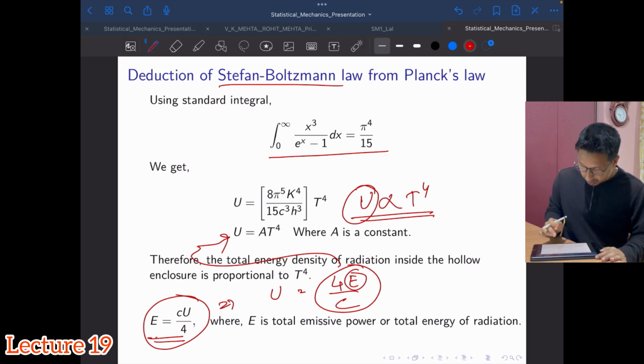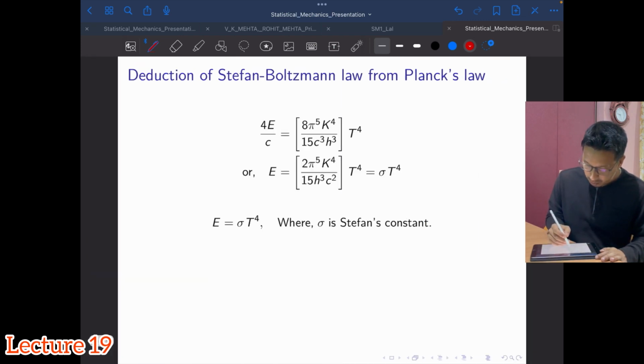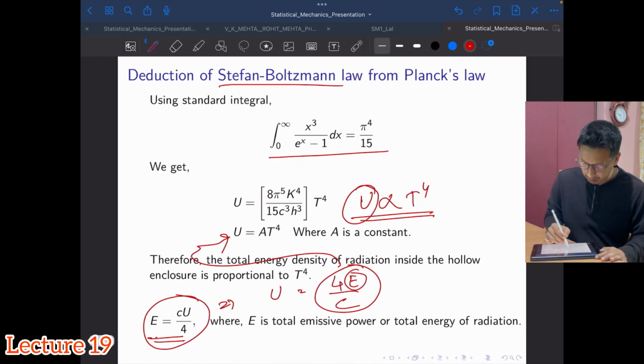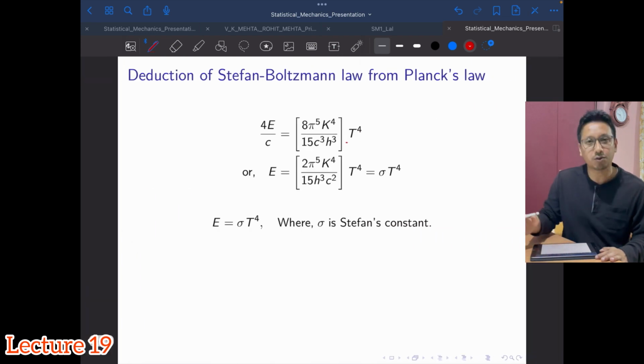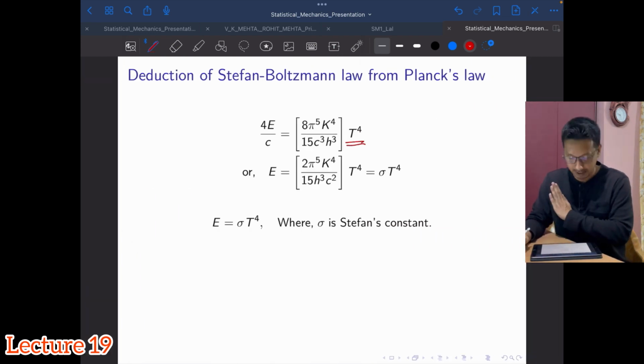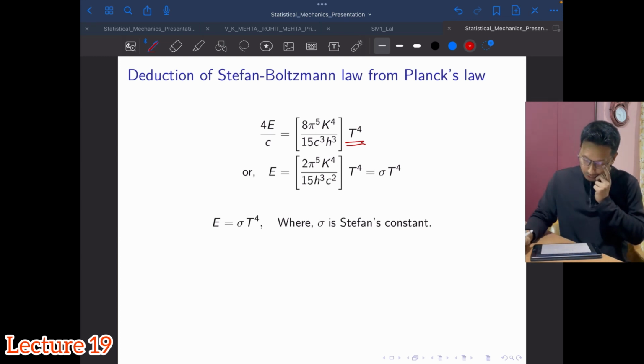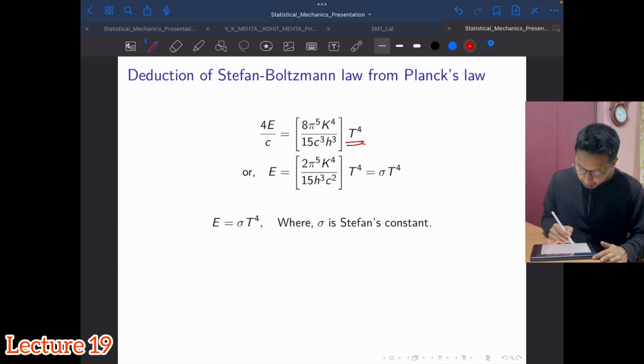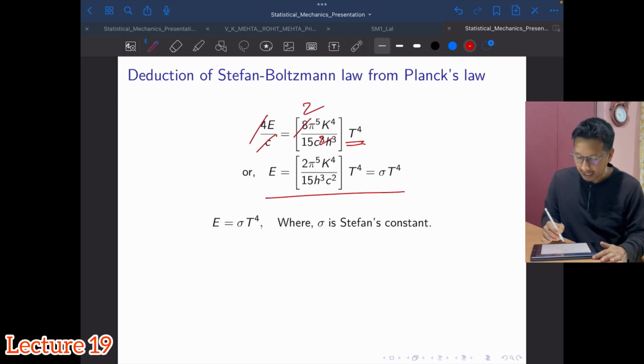So if I substitute back U as 4E by c, and all these constant terms, nothing you have to do, you just copy and paste here, and then take the T to the power 4 aside. Then just do a little bit of maths here. This will be 2, then 4, this will be 2. And this constant term we can call sigma, which is Stefan's constant.